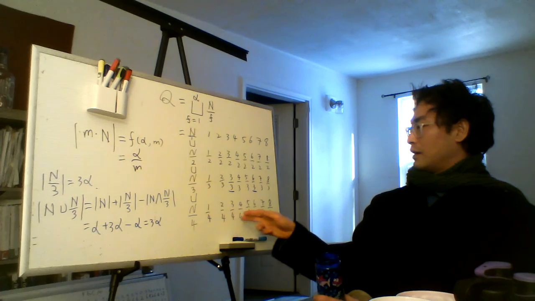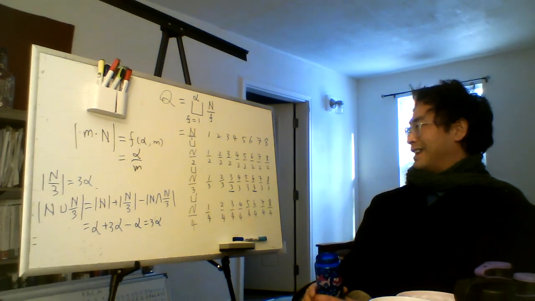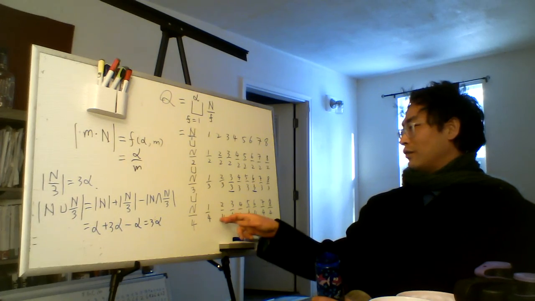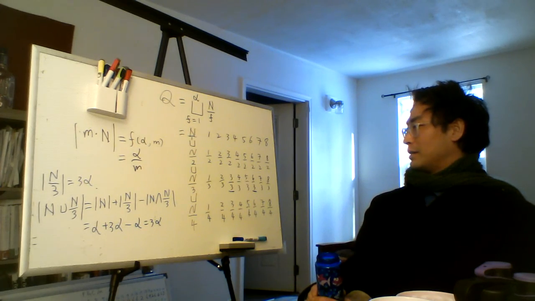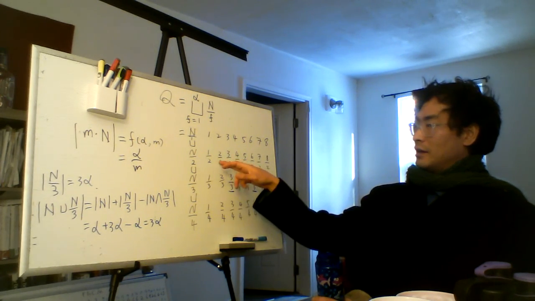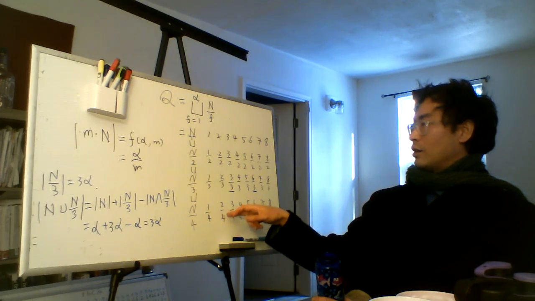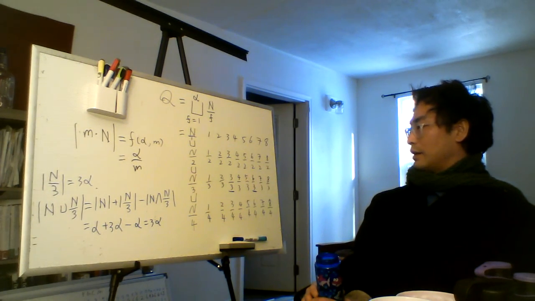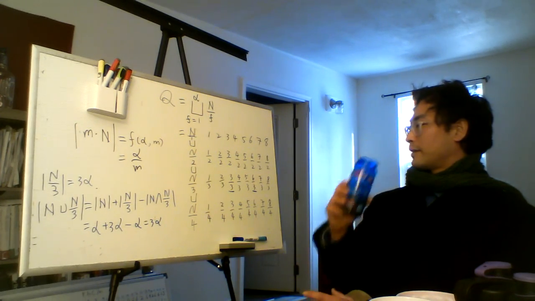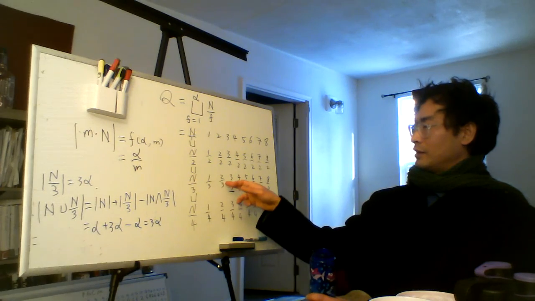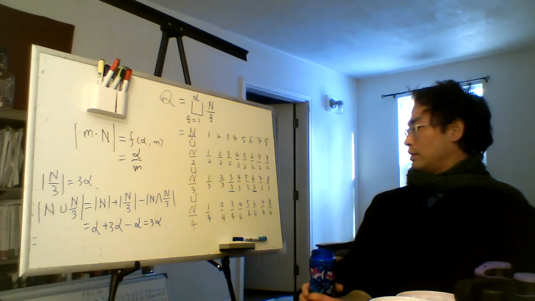How about this guy, 4? Yeah, because you have 1 over 4 and then 2 over 4, which is equal to 1 over 2, right? But if you unionize this guy and this guy, then it gets absorbed, right? Do we have an intersection between the third one and the fourth one?